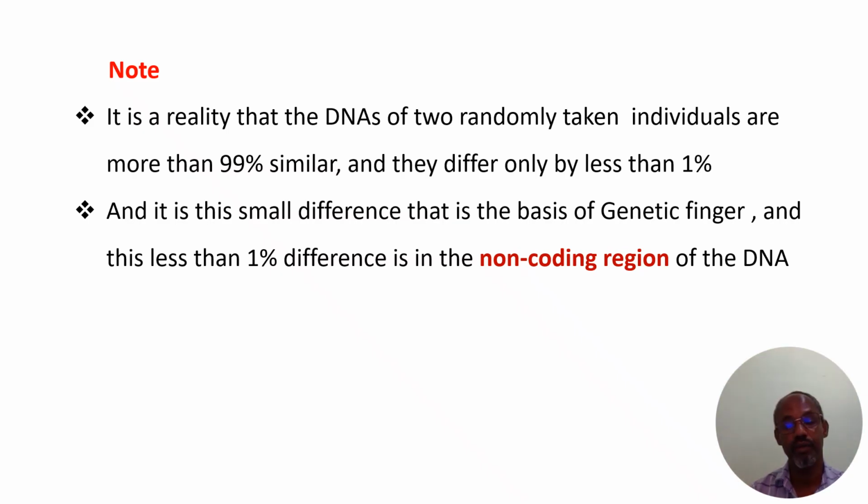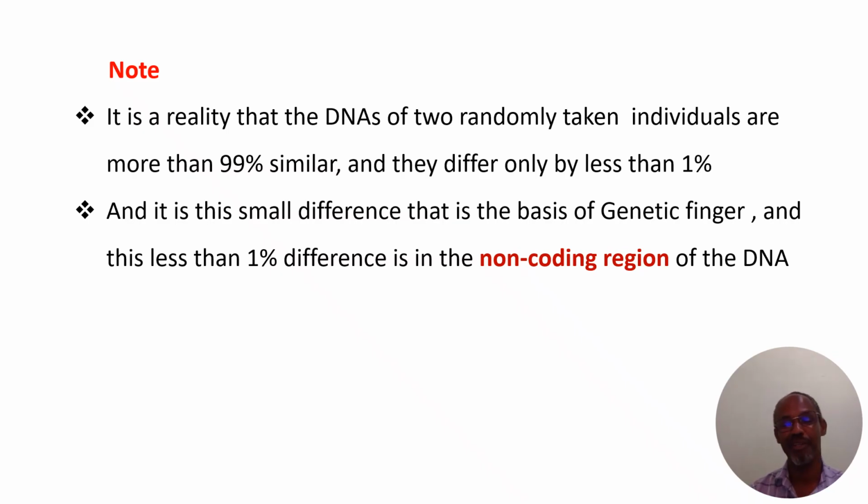Of course, in fact, this is also a mystery. Do you know that a maximum of about 2% of our DNA is coding? Imagine, what about the remaining 98%? Non-coding.